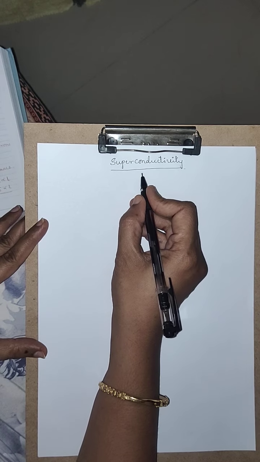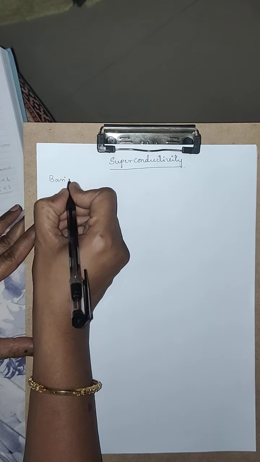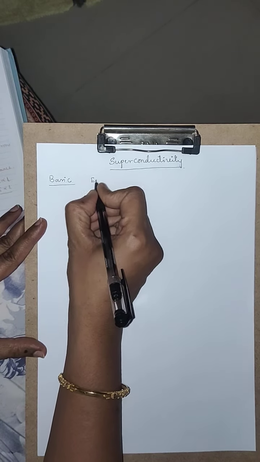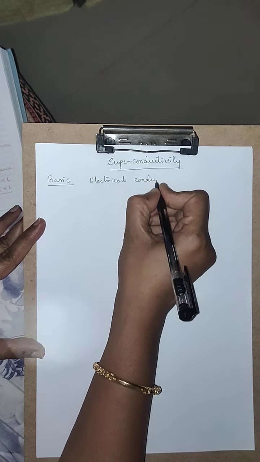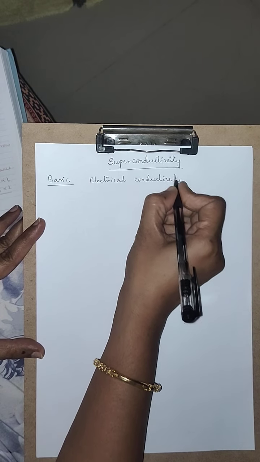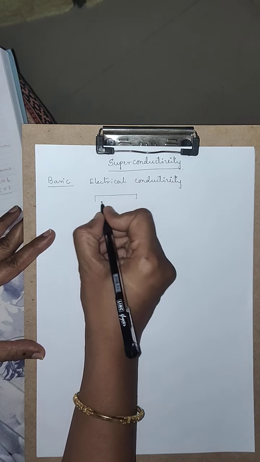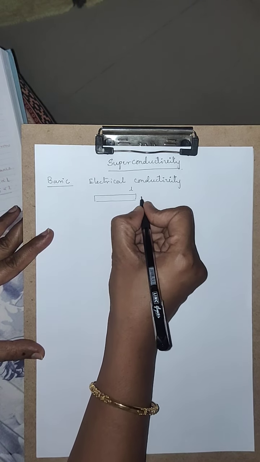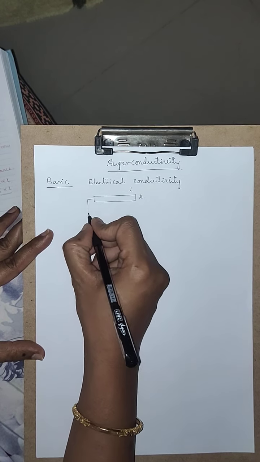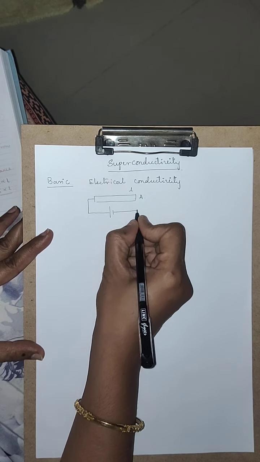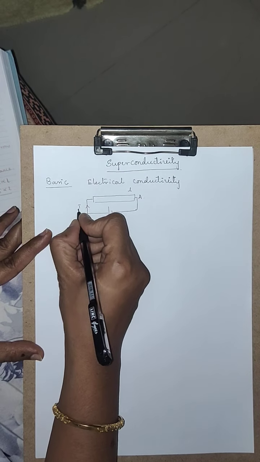To understand what superconductivity is, one should have the basic knowledge of electrical conductivity. We all know that if a conducting material of length L and area of cross section A is applied with a potential difference V, then a current I flows in the circuit.